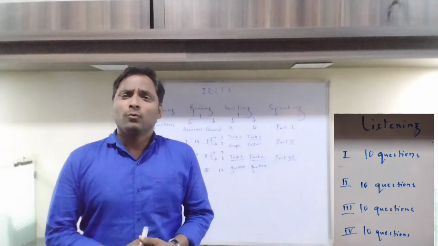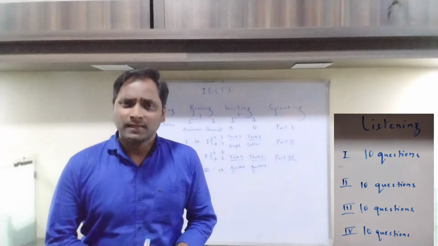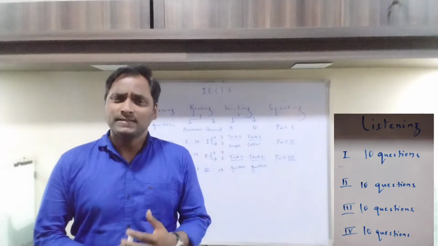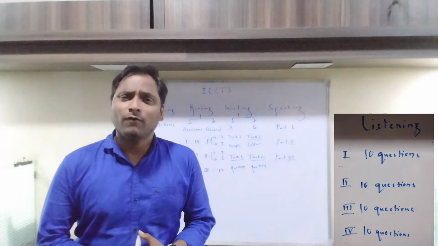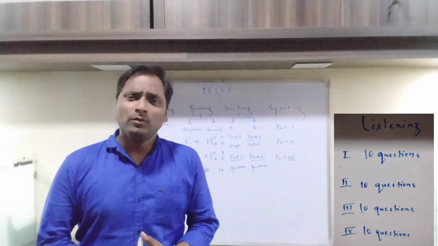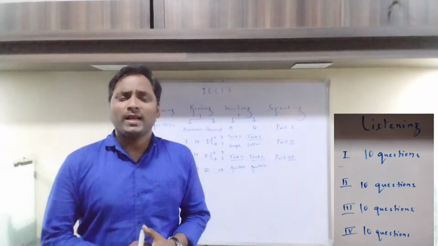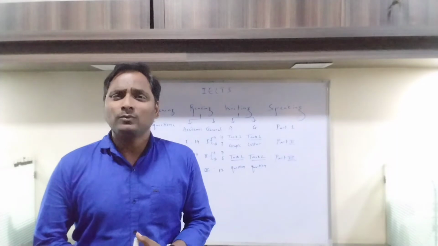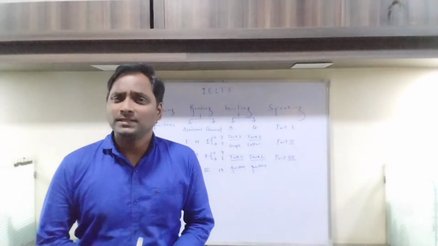In listening, we have got 40 questions. As I said, each section comprises 10 questions and has 1 mark for each question. Right? And it remains the same for both the academic as well as general students. I'll talk in depth about IELTS listening in the upcoming time.